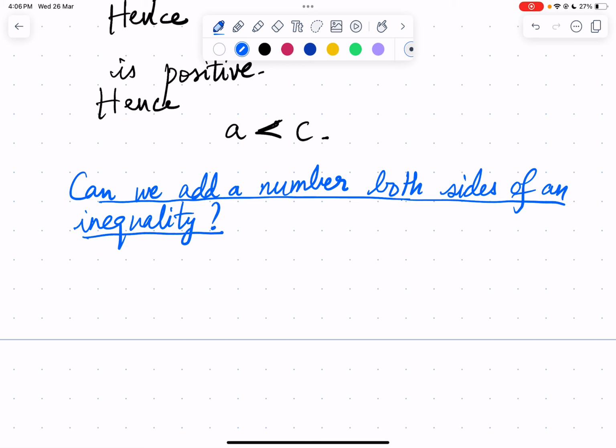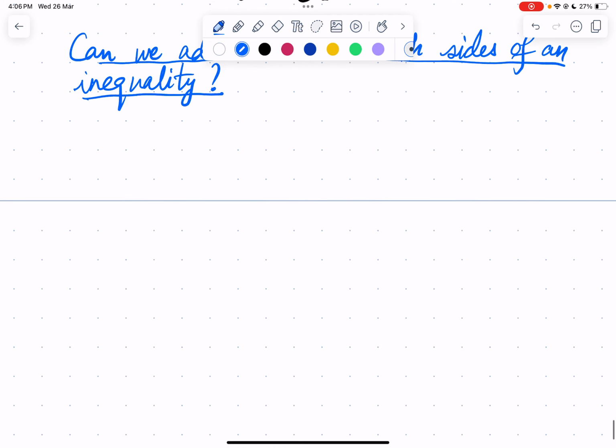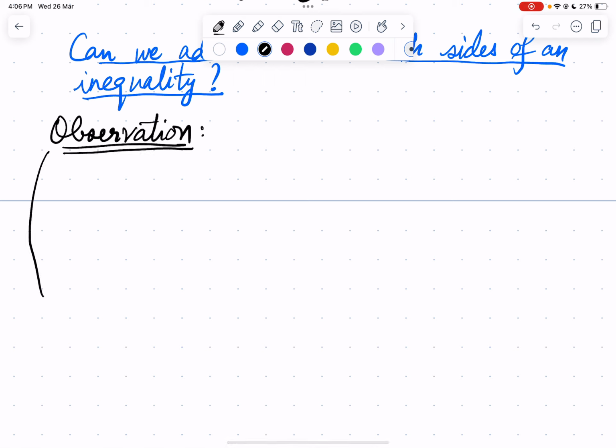So let's see. Here's the observation: addition of numbers to inequalities.